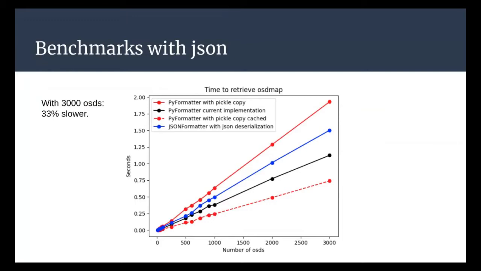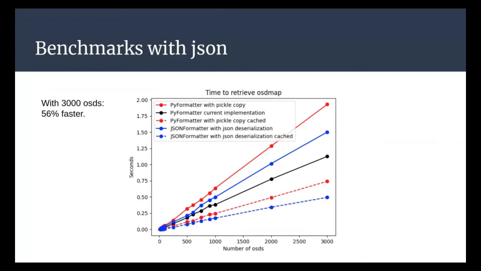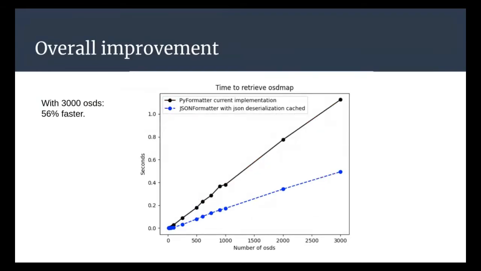That's with 3,000 of these. And well, we cached after that, and we got a 56% faster implementation. Basically, you can see here the overall improvement with the caching and with JSON formatter.